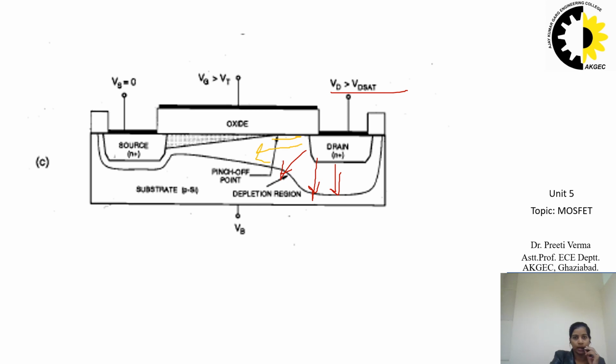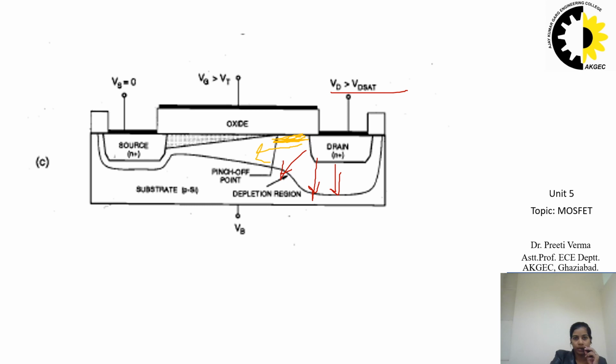You can see here there is no channel in this region. The concept that the channel is shifting towards source is a way of saying this. Actually, the channel is not shifting towards source, the channel is not existing in this region. So we say that the channel is shifting towards the source.